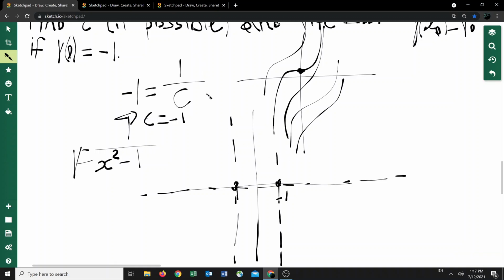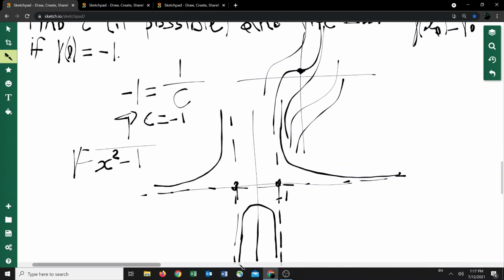If you try some points, perhaps, you can get the graph. Honestly, you don't even have to try points. It should come pretty naturally that this graph will resemble something like this if you see these asymptotes. So it'll look something like this, right?